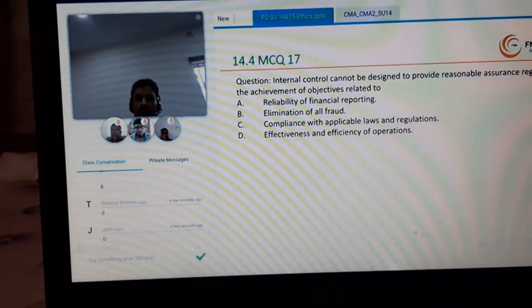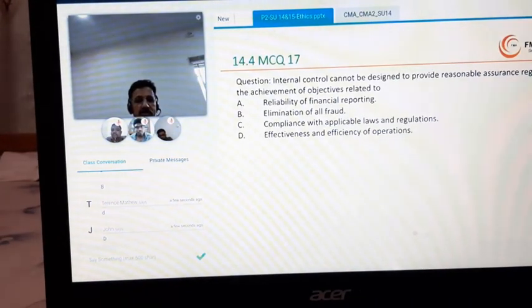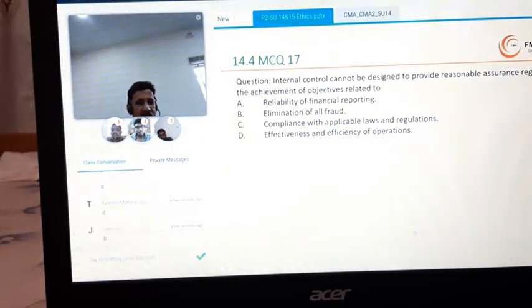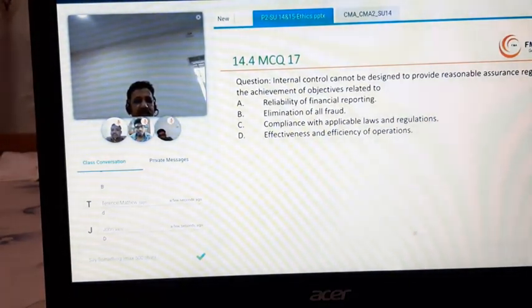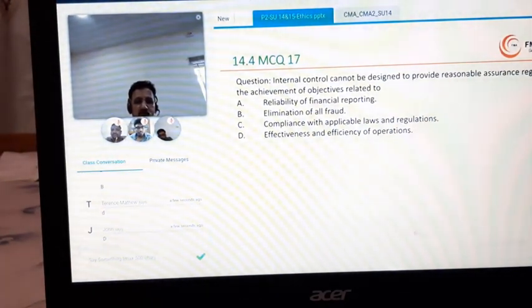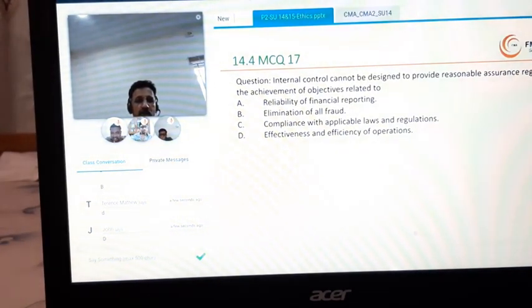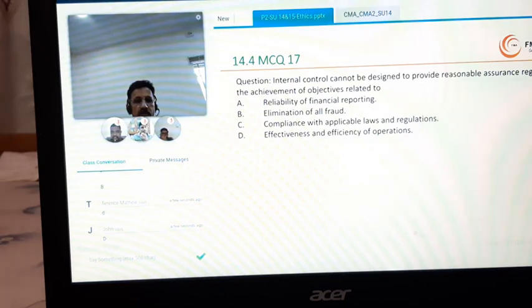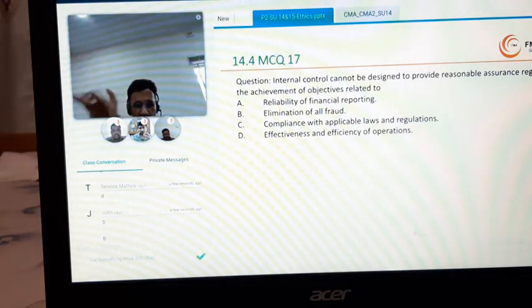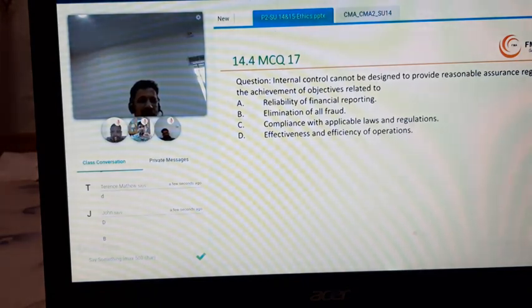Internal control cannot be designed to provide reasonable assurance regarding the achievement of objectives relating to elimination of all fraud. Minimum one question of this sort you can expect in both part 1 and part 2. Actually, this is a wrong statement, but still they want you to have this.